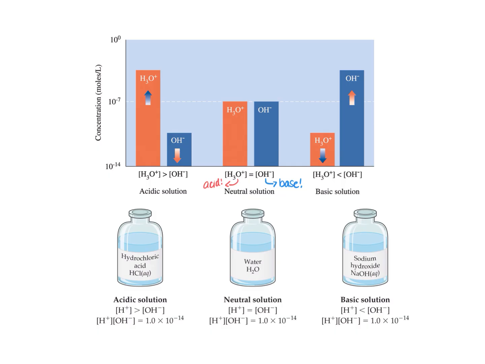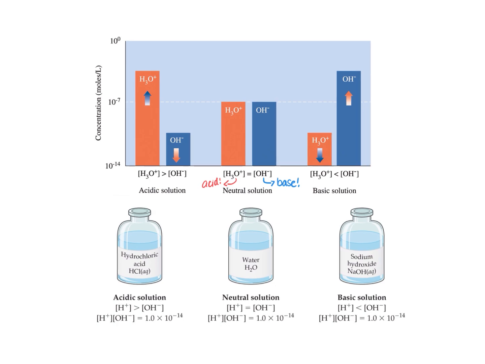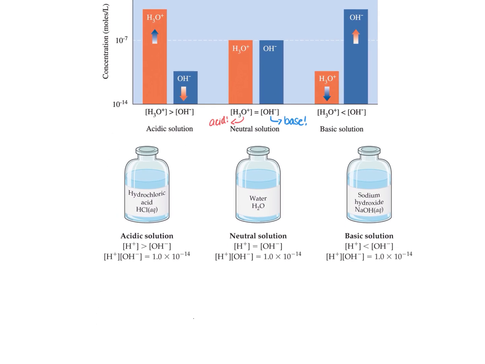And so when we look at these in solutions, you have both of them. And the relative amount of each one affects the pH that we see. So in a neutral solution, the amount of H+ equals the amount of OH-. When you multiply these two together, it equals 1 times 10 to the negative 14th.